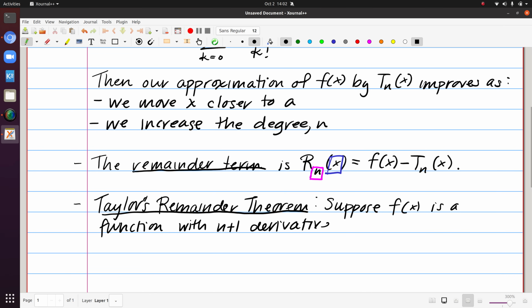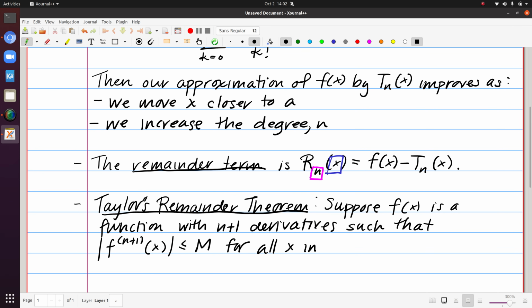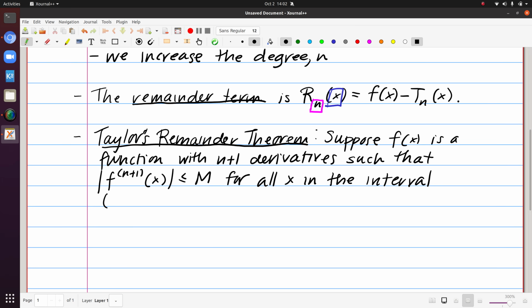By that I mean that it is a function such that we're able to take n plus 1 derivatives of it. And I'm going to say such that the absolute value of the n plus first derivative of f is less than or equal to m for all values of x in some particular interval around the center. For a general way of representing this, let's say the interval from a minus d to a plus d, where d is measuring some kind of distance that we can move outward from that center point.